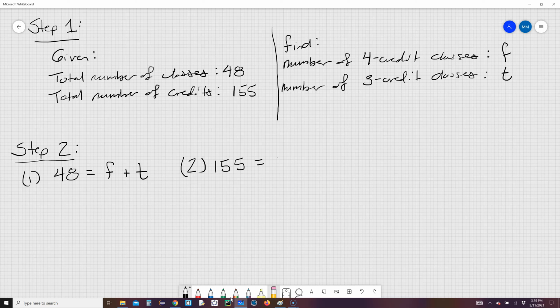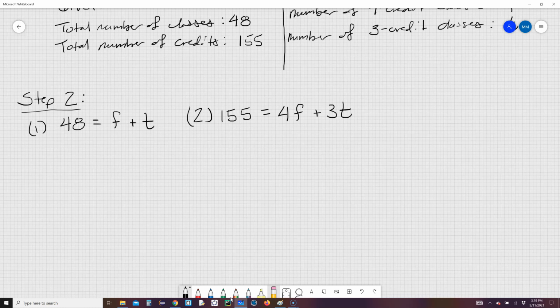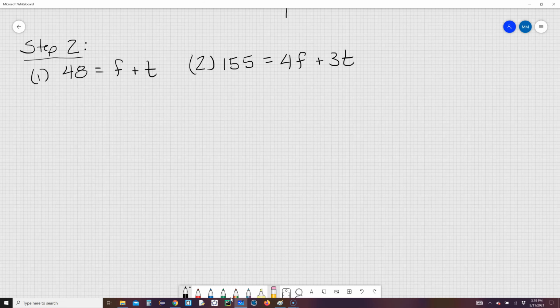Well, it's 4 credits for every 4 credit class, go figure, and 3 credits per each 3 credit class. This gives us our system, which we can now solve using either substitution or elimination. Let's use substitution this time. You're free to use elimination if you prefer.